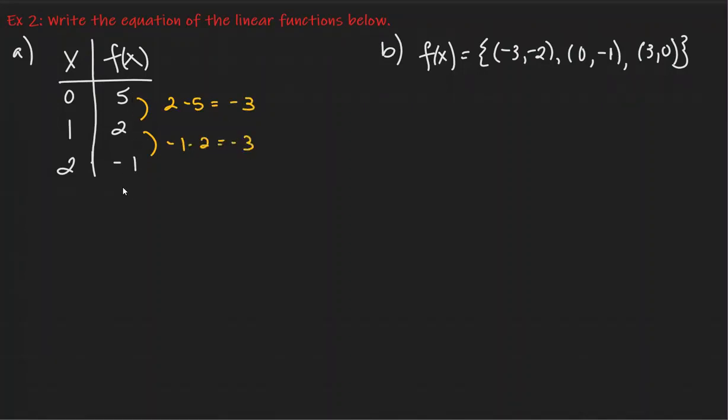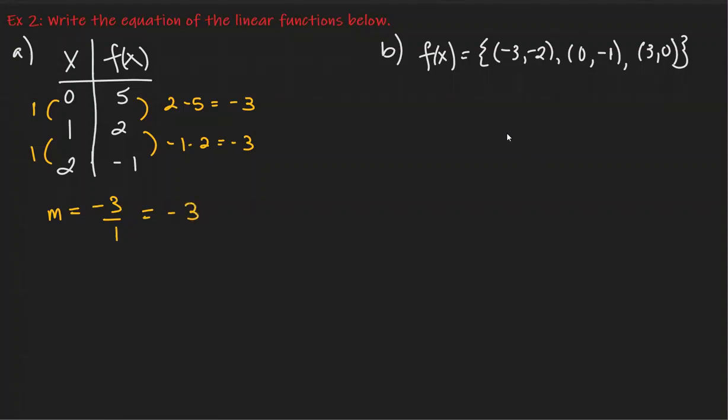So this is going down by 3 every single time. Well, remember, with slope, it's the rise over the run. Notice that my rise, my change in y, is -3, whereas my change in x is just 1. I'm adding 1. So my slope here is actually -3 over 1, or just -3.